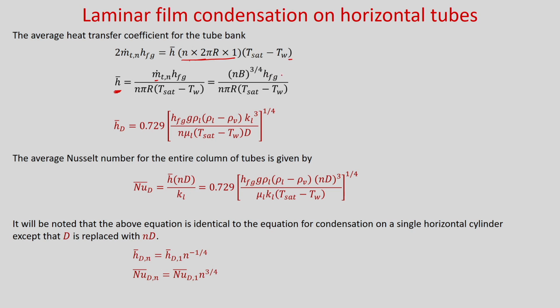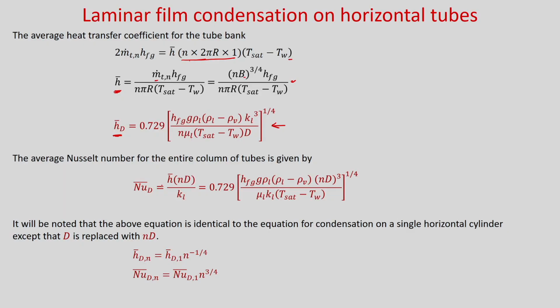So, this is the expression, and if you know the b expression, you just put it in and you get the average heat transfer coefficient based on the diameter as 0.729 into [h_fg g rho_L (rho_L minus rho_v) k_L cubed divided by n mu_L (T_sat minus T_w) D] to the power 1/4.